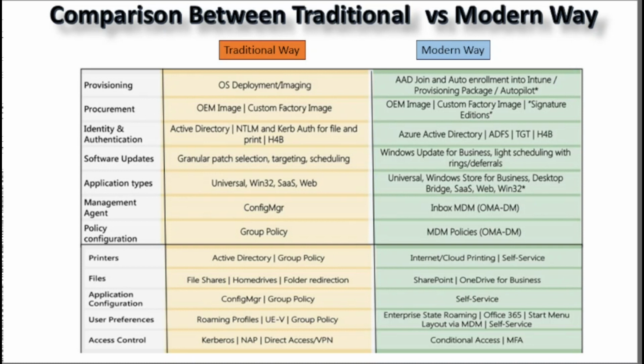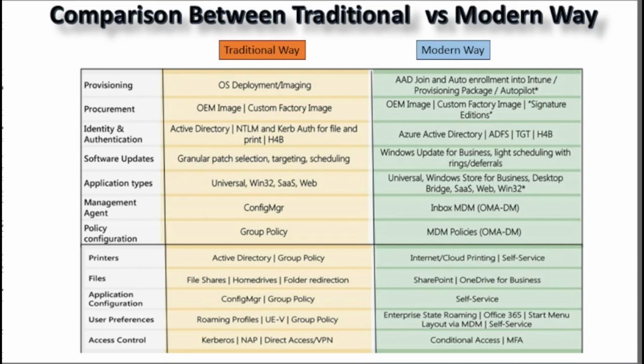Now let's talk about the key comparison between traditional versus modern way of provisioning a device. So with respect to provisioning a device, the traditional way is to install the operating system on bare metal via System Center Configuration Manager or Microsoft Deployment Toolkit.